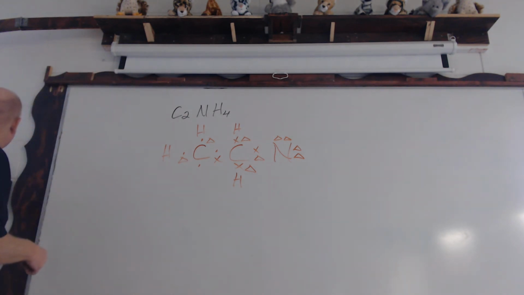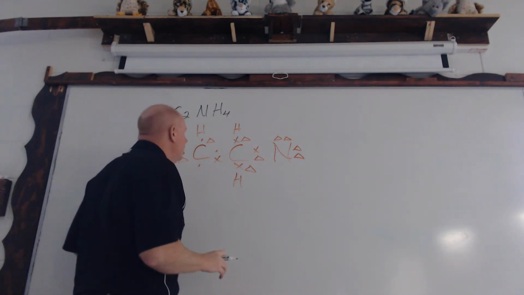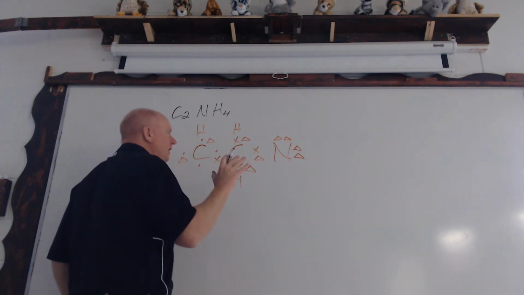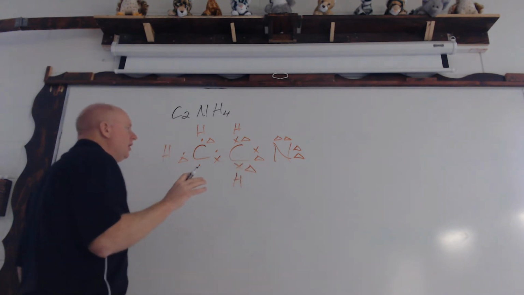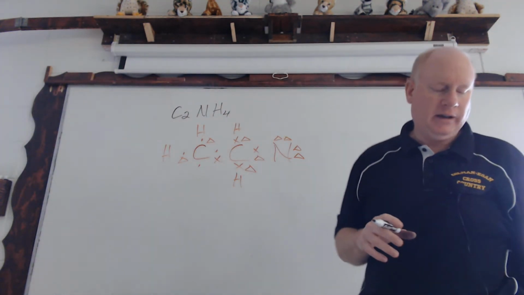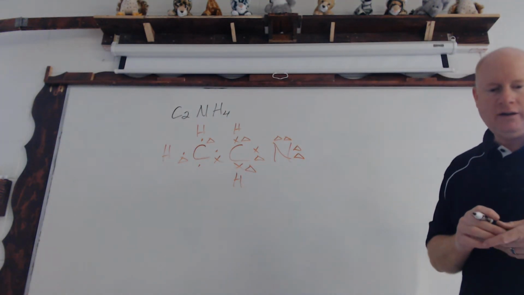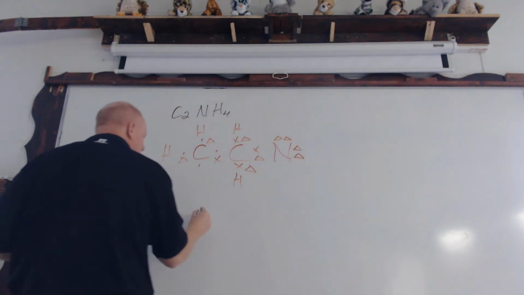Okay, so the single bond is not working between these carbons or nitrogens. So it looks like, to me, what would look the simplest is possibly trying a double bond between the nitrogen and a carbon. Because I think we're all right here, because notice how close we got.